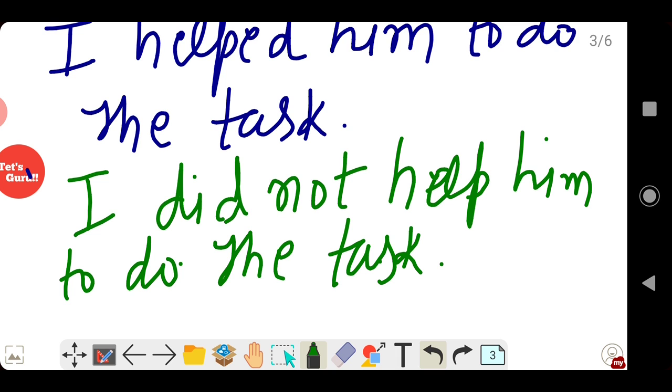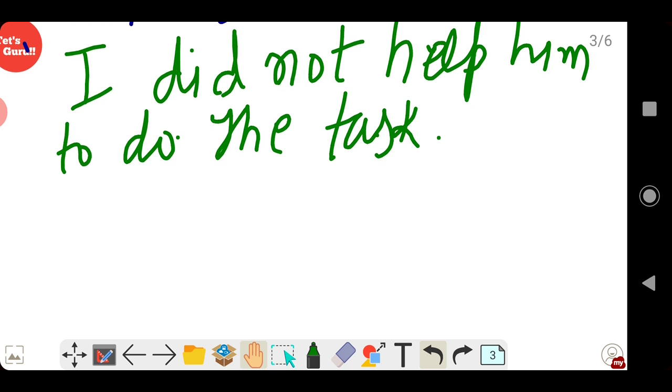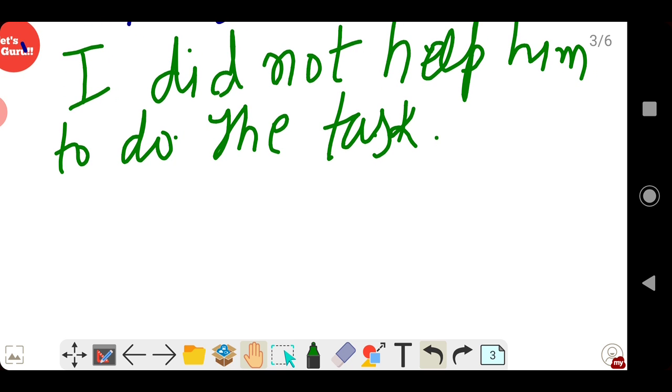And what about the interrogative sentence, friends? Can you please make it, because this is also very easy. You always write the auxiliary verb, whether it is do, does, did, have, is, am, are, in front of the sentence.